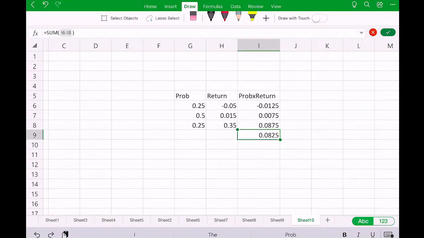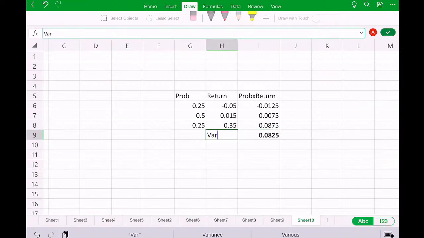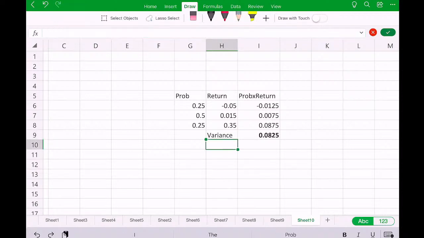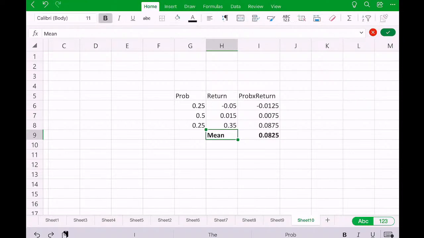And this is called the variance. Sorry, this is called the mean. I'm jumping. This is called the mean. That is not the variance, that is the mean. Okay, so you multiply them.